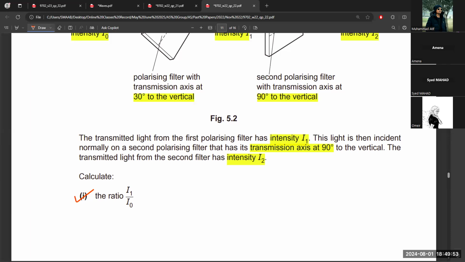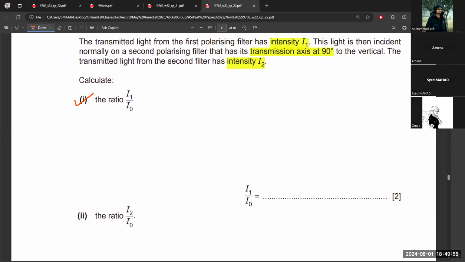So basically, if we talk about I1, so I1 is equals to I naught cos square theta, or I1 over I naught is equals to cos square theta.